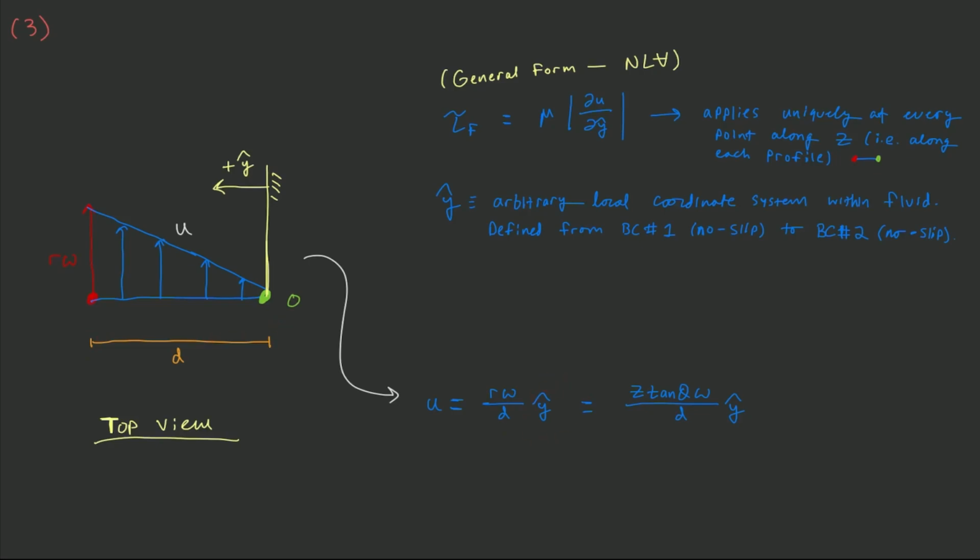We know this is correct because if we plug in y hat equal to 0, then 0 times r omega over d is 0, or little u is 0, as it should be because of the no slip condition.